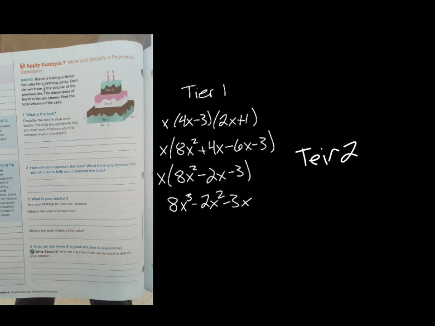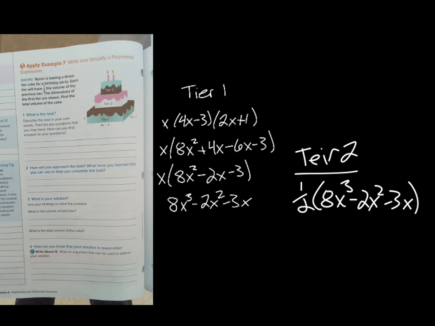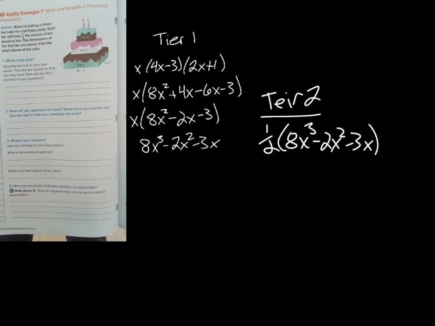Just one half. So tier 2 would be 1/2 times the volume of tier 1. Of is multiplying in math. Half of the other one. Is that okay?